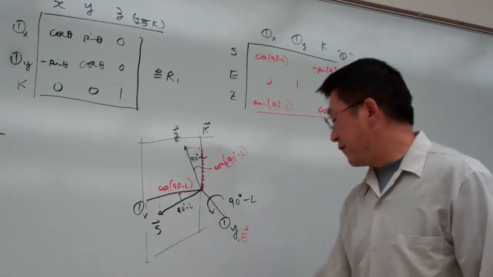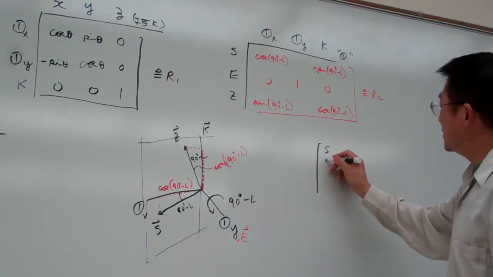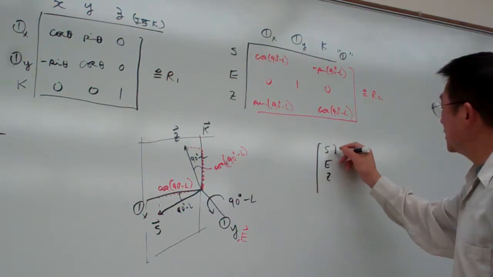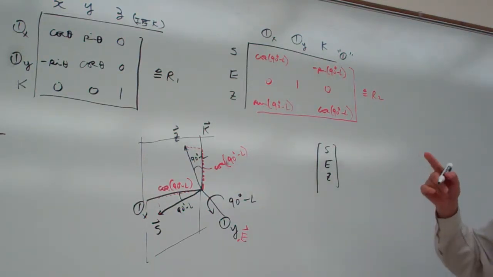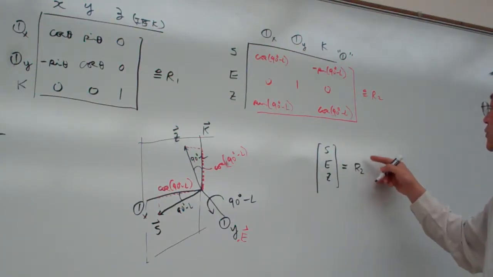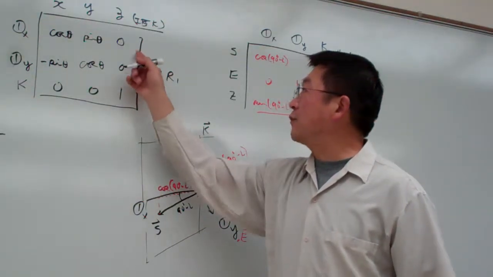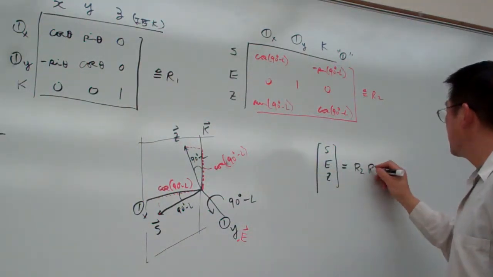So following our previous formula, the coordinate in the new coordinate system is basically equal to R2 multiplied with this coordinate system. This coordinate system in turn is R1 multiplied with that one.